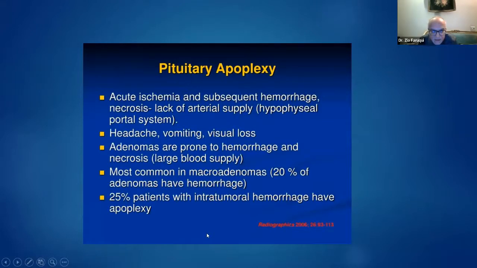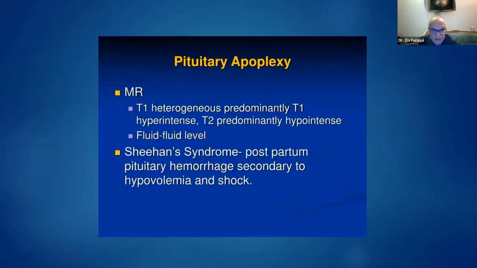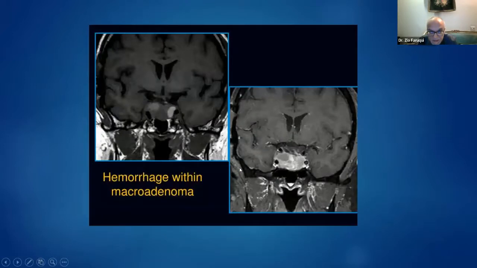And 25% of these patients will tend to have pituitary apoplexy with all the consequences. You can have Sheehan syndrome, which is postpartum pituitary hemorrhage, secondary to hypovolemia and shock. And again, because of the age of the blood, these are heterogeneous in nature, predominantly T1 hyperintense and T2 hypointense lesions, and they will frequently contain fluid levels.